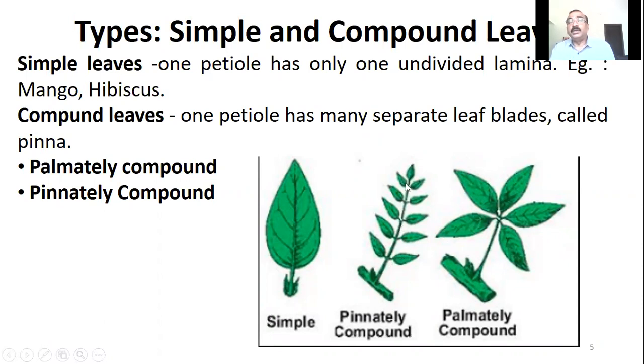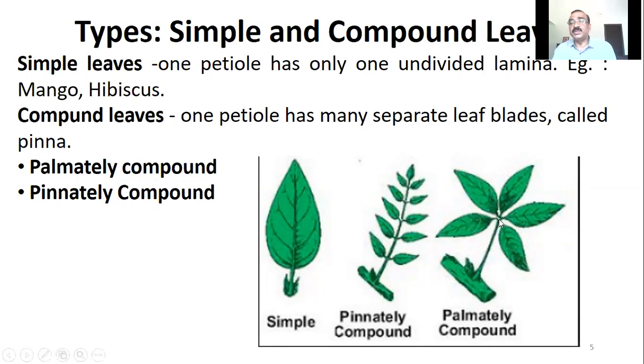Now here, the pinnae are arranged laterally from base to tip of the petiole. Now actually the petiole of a compound leaf is called the rachis. So this is the rachis. All along the rachis on either side, you will see pinnae are arranged laterally. Whereas look at this, all the pinnae are arranged at a single point at the tip of the rachis.